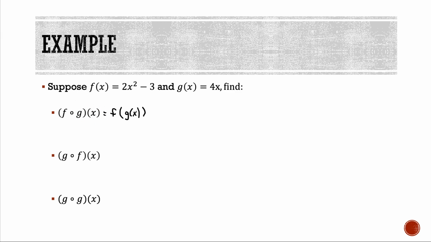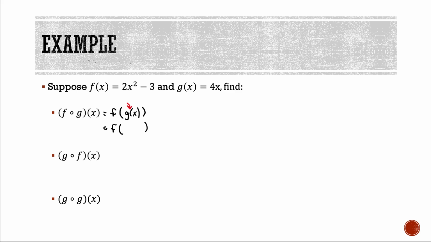Okay, so to work the problem, we're going to do 2 substitutions. Every time you do a composition, you're going to be doing 2 substitutions. The first substitution is that you're going to go inside the parenthesis, because we know that we always start inside the parenthesis. And you are going to put something in that parenthesis that is equivalent to this g of x.